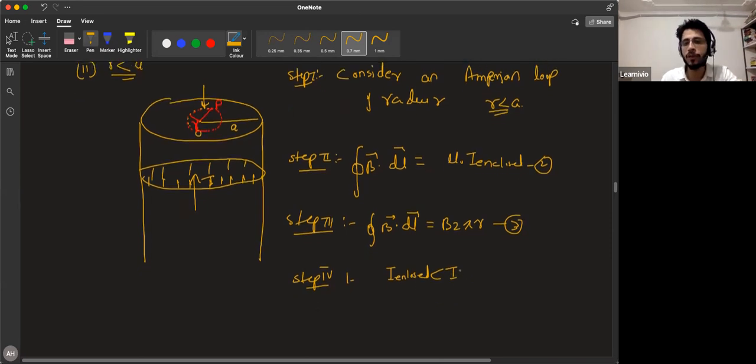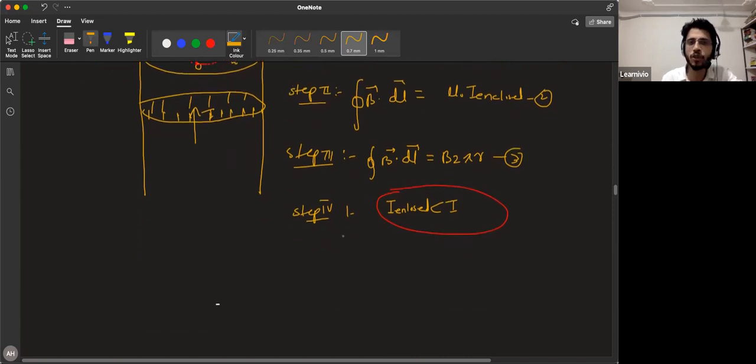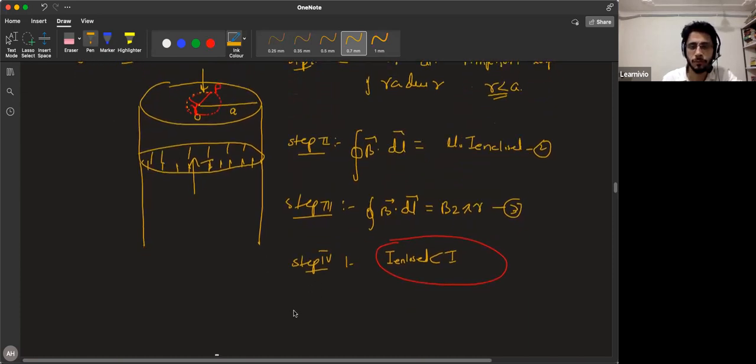Now the major issue in these types of numericals is always this I enclosed. How to calculate this I enclosed? Let's use the unitary method. What is the radius of the conductor, Uni? A. What is the area of cross section? Sir, pi A square. And current passes through the area of cross section.